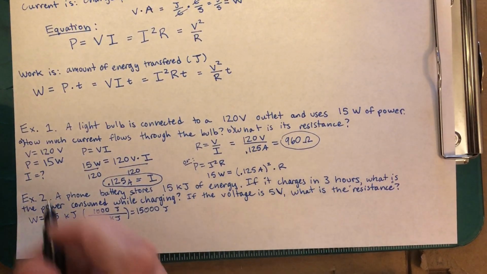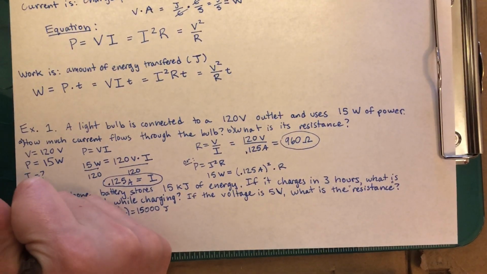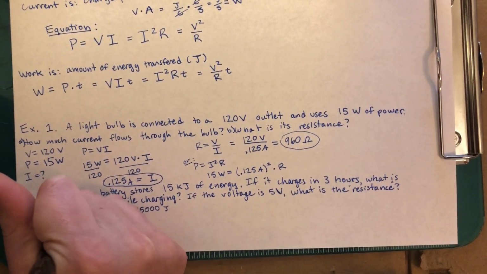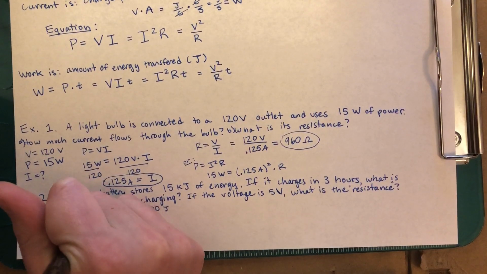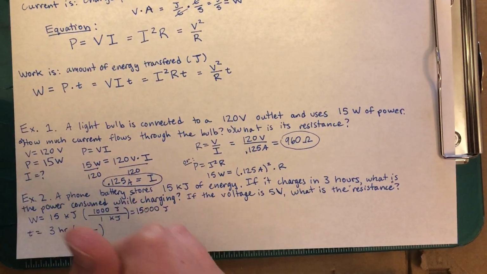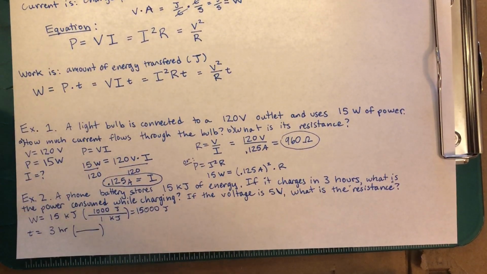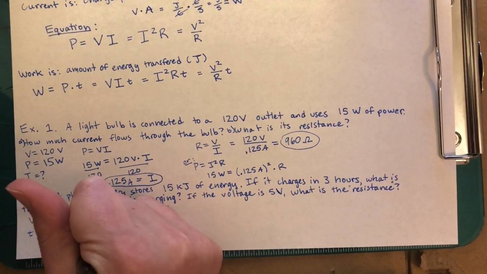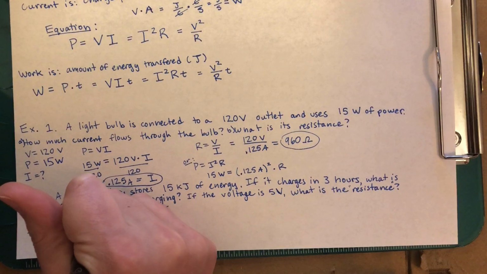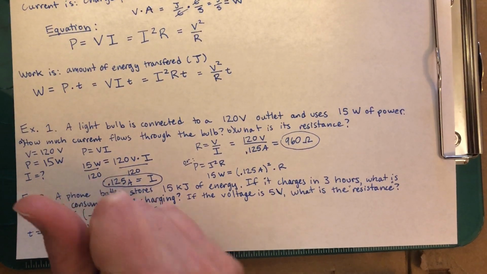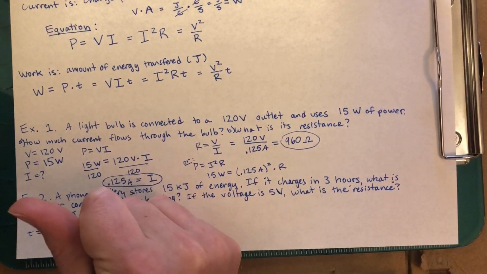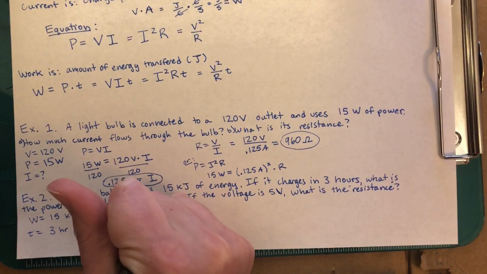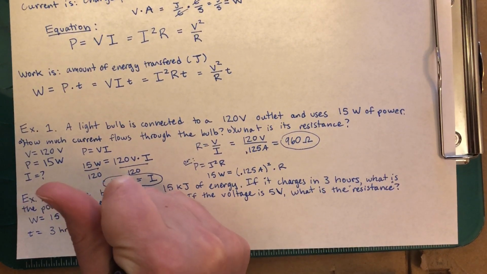Then I also have 3 hours. So the time is 3 hours. But I need to convert this to seconds. So 1 hour is 60 minutes, and then 1 minute is 60 seconds.